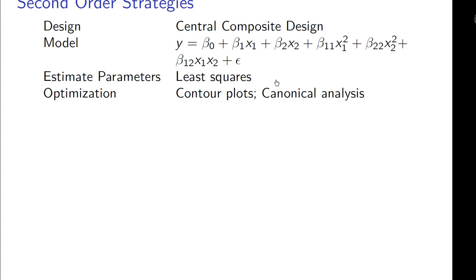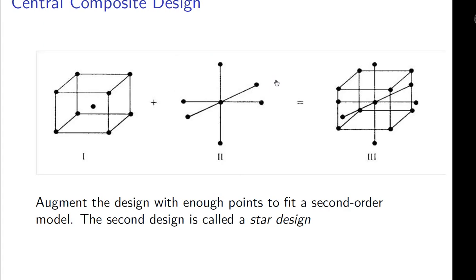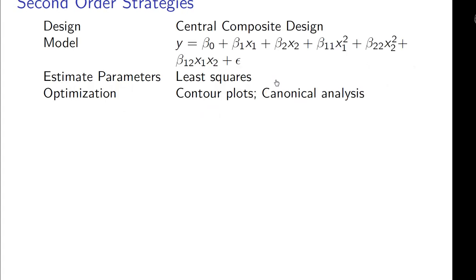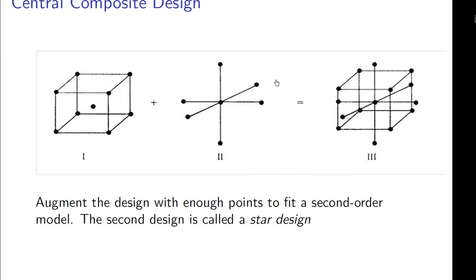By canonical analysis, you'll see what we mean as eigenvalue, eigenvector analysis. But the design here, again, for a second order response surface strategy is central composite design.